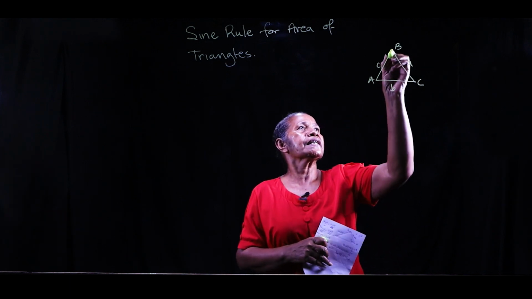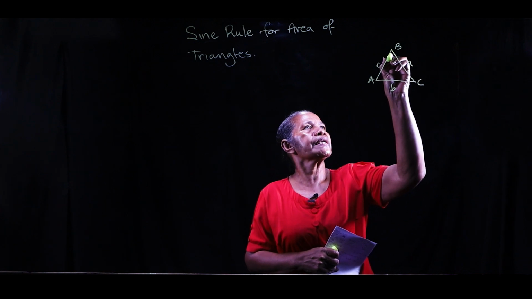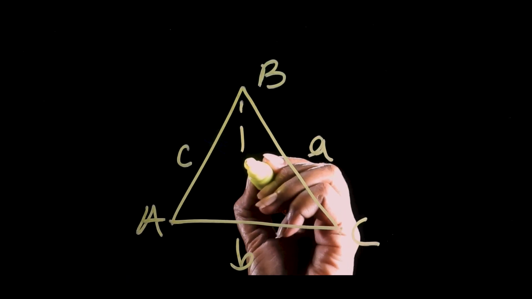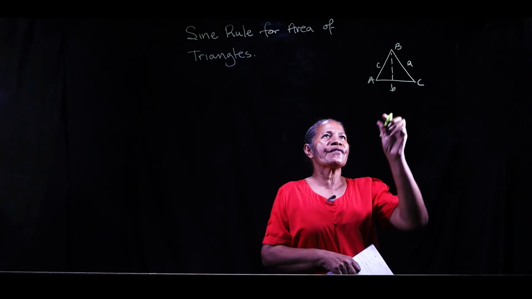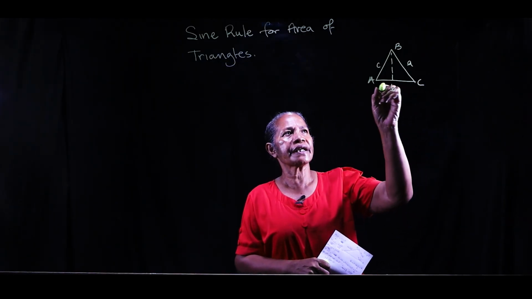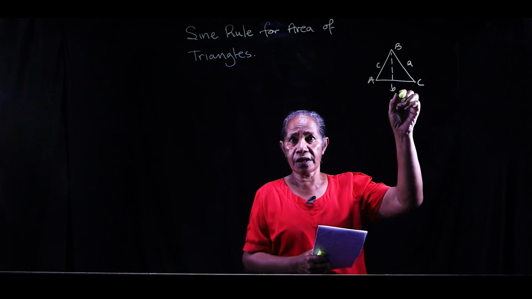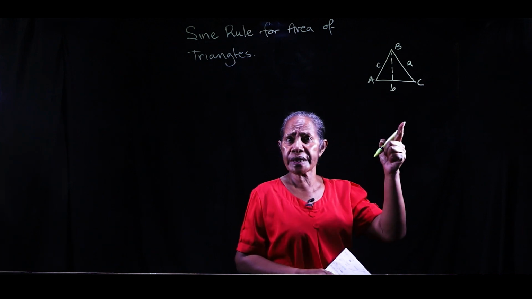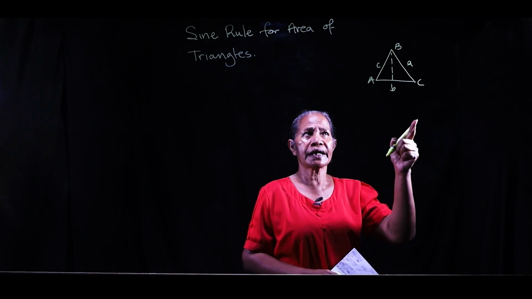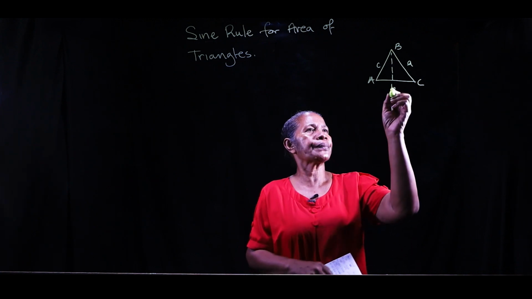For area, we always have a perpendicular height. We have now labeled our triangle, the angles and the sides. In a non-right angle triangle, there is always a perpendicular height, and we're going to start there.